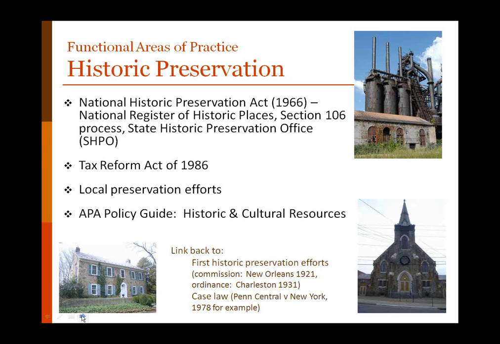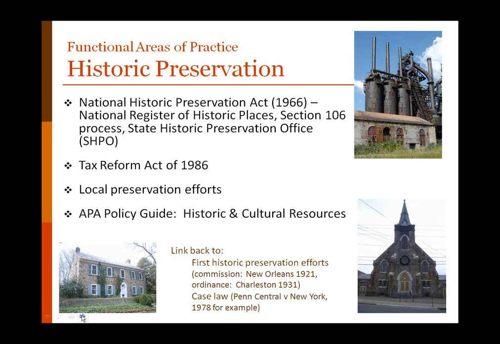projects can potentially be impacting historic structures, that Section 106 process is laid out, again, in the National Historic Preservation Act. And of course the state historic preservation offices, which every state is going to have, the SHPO, and in each different state it's going to have a different state name as well. In Pennsylvania, it's the Pennsylvania Historical and Museum Commission, PHMC.